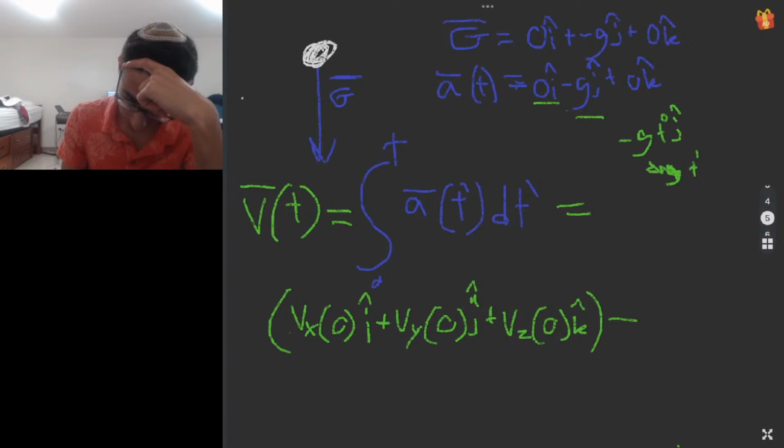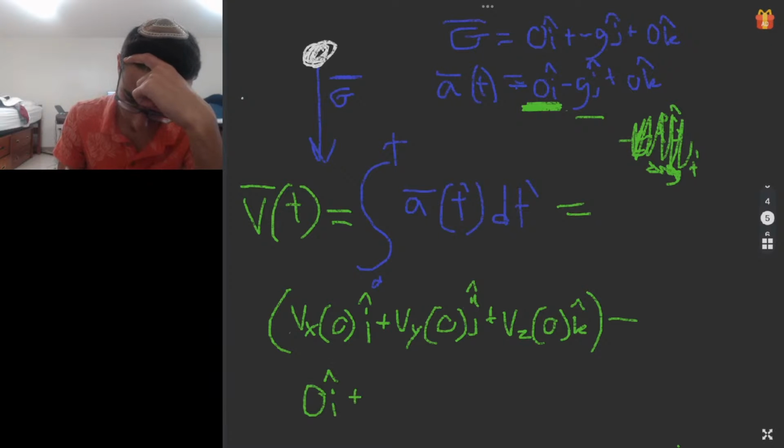Since the x component isn't changing with time at all, there's no acceleration here, right? So the antiderivative of that is just going to be 0, ignoring the constant. So 0 times vector i, essentially.